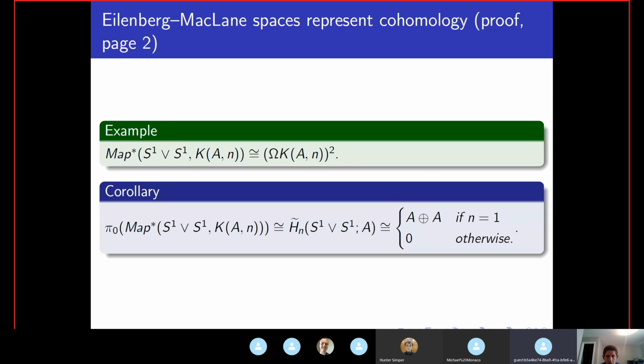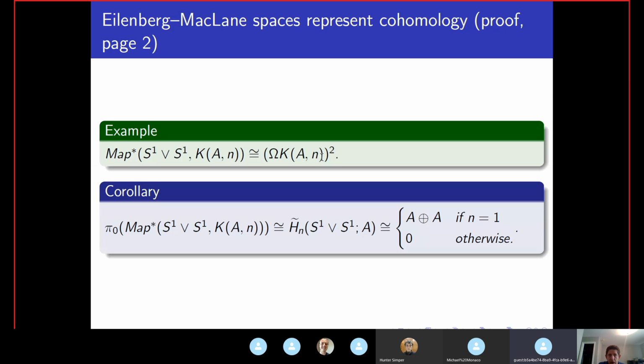Any questions so far? Yeah, could you repeat that? You do pi 0 of that loop space. Yeah, so let's repeat this. We're taking pi 0 of this loop space squared. Pi 0 of a loop space is the same thing as the fundamental group.